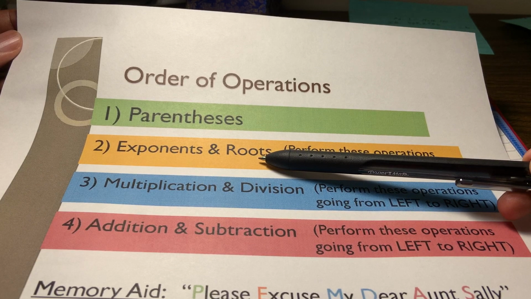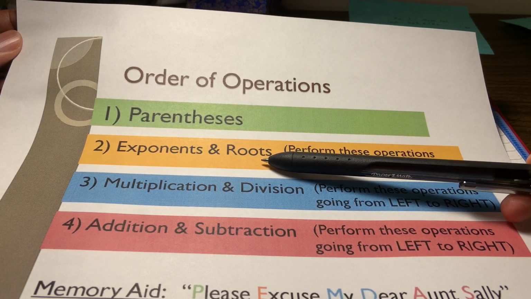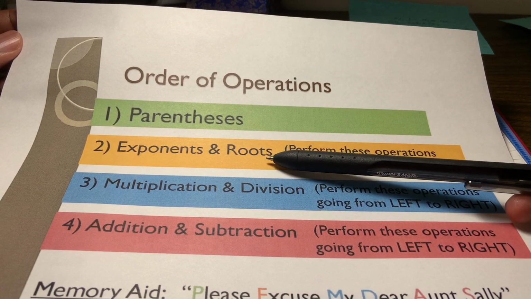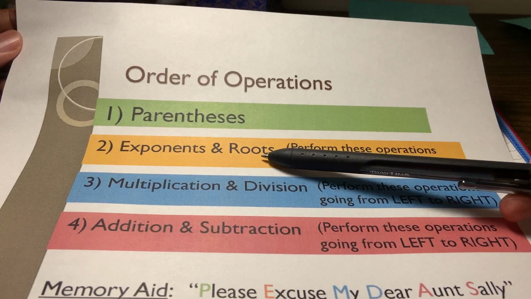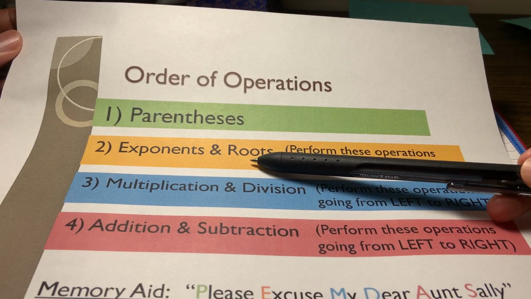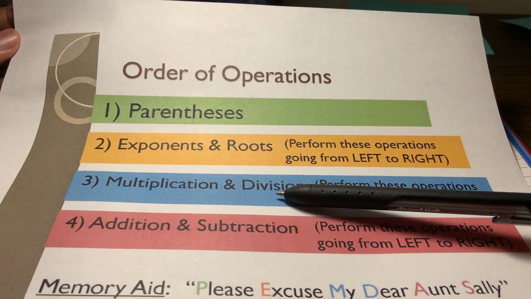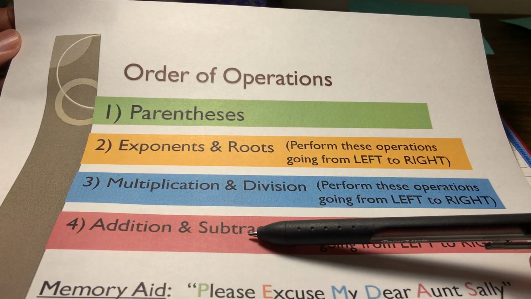Okay, exponents and roots. When I say roots, I'm referring not just to square root, but there's other roots as well, right? You have cube root, fourth root, fifth root, sixth root, so it's not just square root. That's why we call this exponents and roots, right? They are opposites, they are inverse. Multiplication and division are opposites, inverse. Addition and subtraction are also opposites.